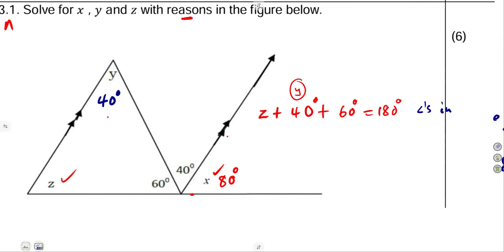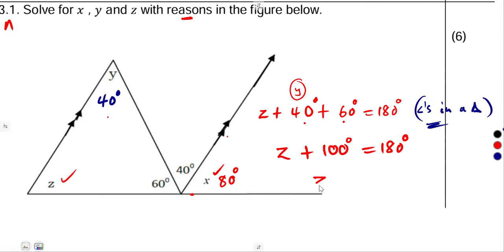All right, those are angles in a triangle which add up to 180 degrees. So z plus 40 plus 40, that is 100, is equal to 180 degrees. So z is going to be this to the other side, 180 degrees minus 100 degrees. Remember, it was a positive. It's going to change to a negative. So z is 80 degrees.